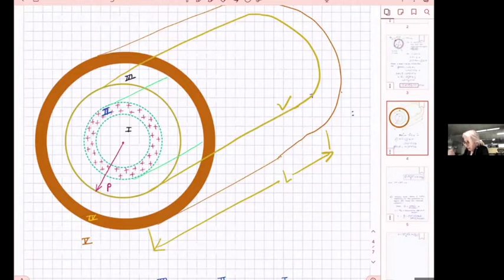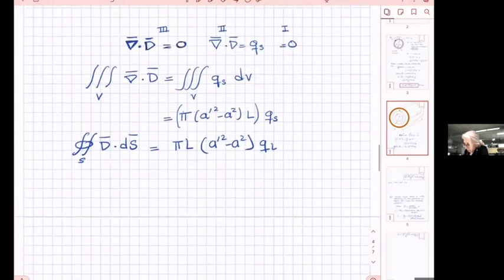The front surface and the back surface do not contribute anything because D is along the rho direction. And for the front surface and the back surface, the directions of these 2 surfaces are along the Z. So there is not going to be contribution. So dS1, which is the front surface, is going to be along the Z direction. dS2, the side, is going to be along the rho direction.